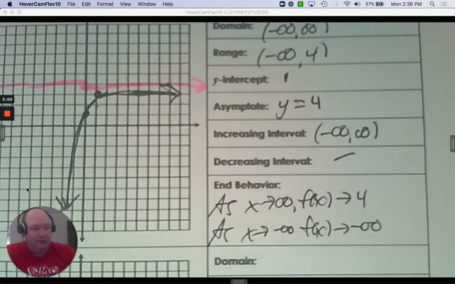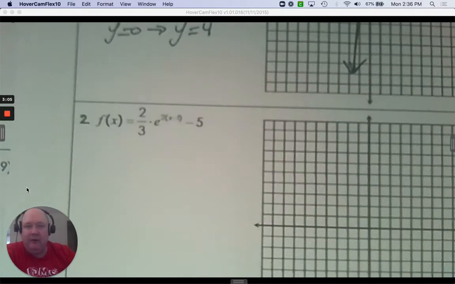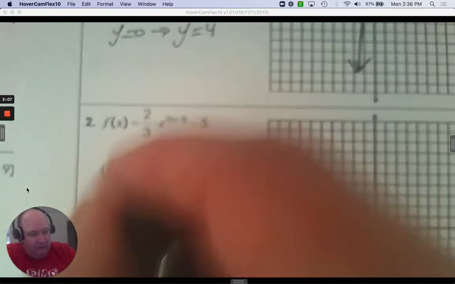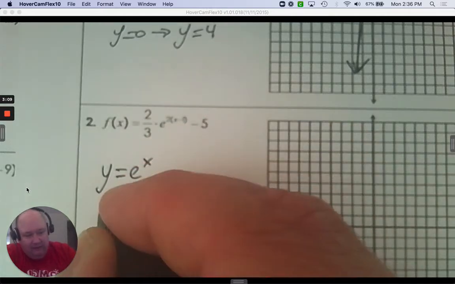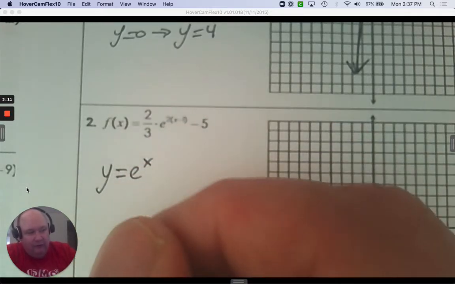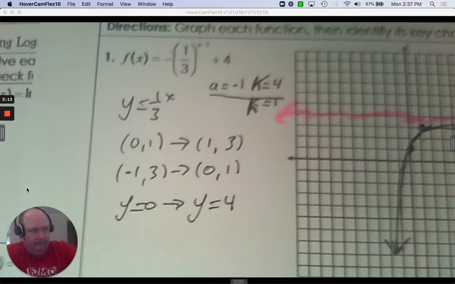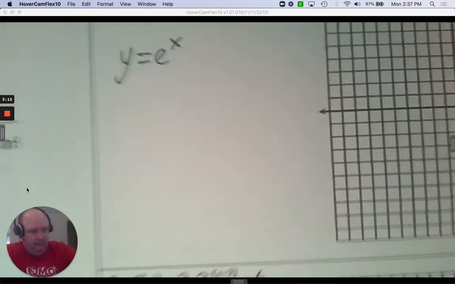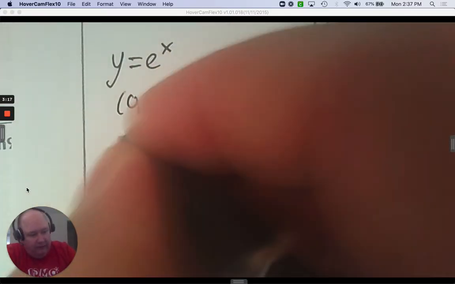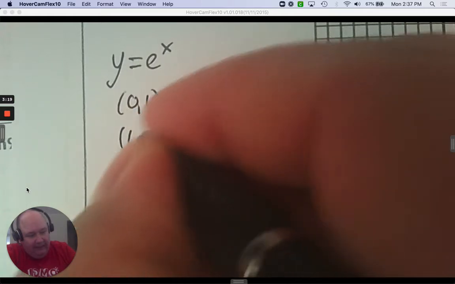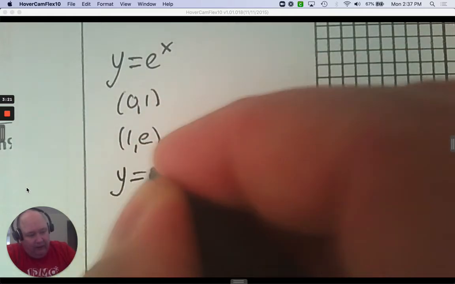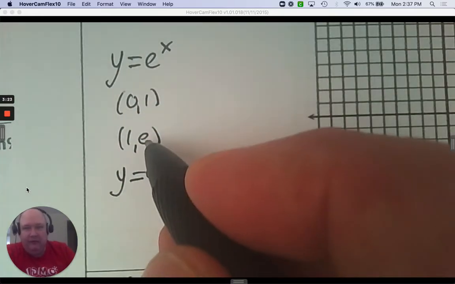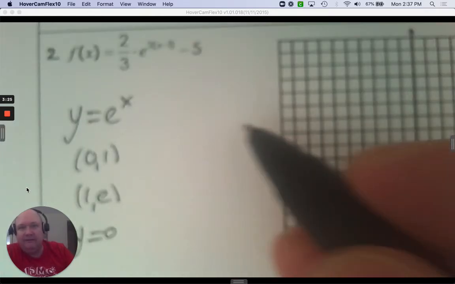On to number 2. I want to graph this exponential. So the parent graph is just e to the x, and 2 points on this parent are (0, 1), and (1, e), and we have y equals 0. Remember that e is a number, about 2.7.